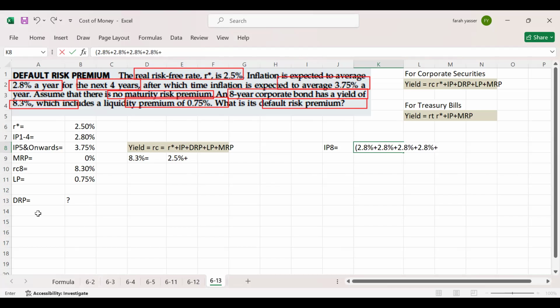Then for the next 4 years, it would be 3.75. So we will add 3.75 for year 5, 3.75 for year 6, 3.75 for year 7, and then 3.75 for year 8. And we will divide it by 8 because the 8-year average inflation is required.